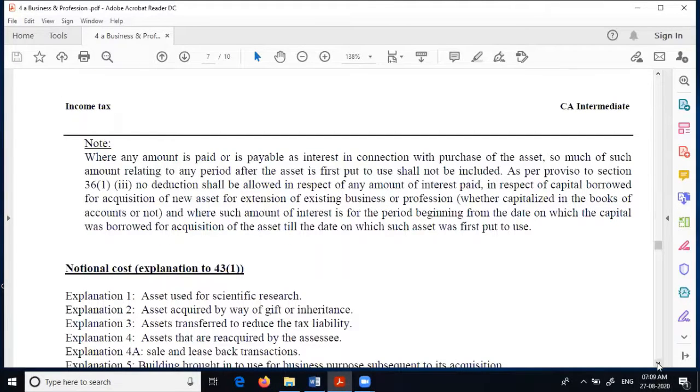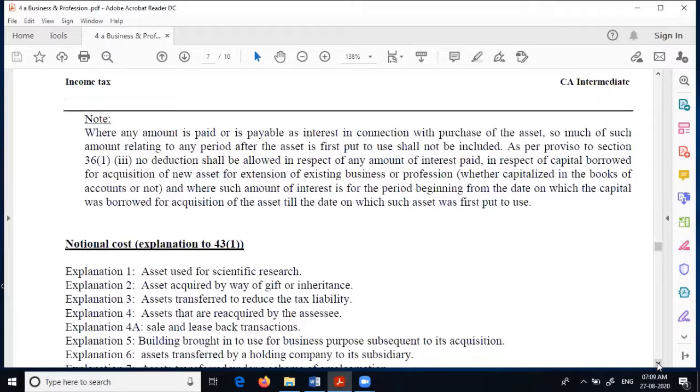Then it says that where any amount is paid or payable as interest in connection with the purchase of an asset, so much of such interest amount relating to any period after the asset is put to use shall not be included. We'll look at it again a little later, but try to understand it. For example, you are constructing a plant and machinery system and you have borrowed a loan for that. Better to use plant and machinery as the example, because with a building you will again think about house property.